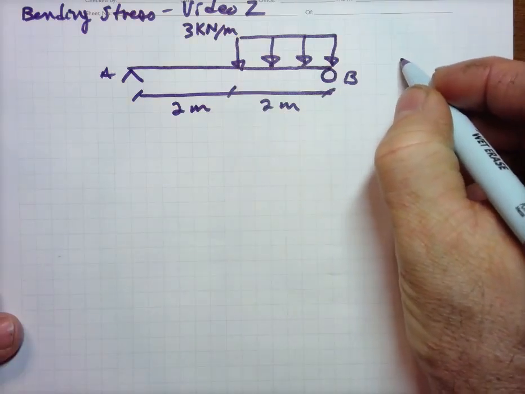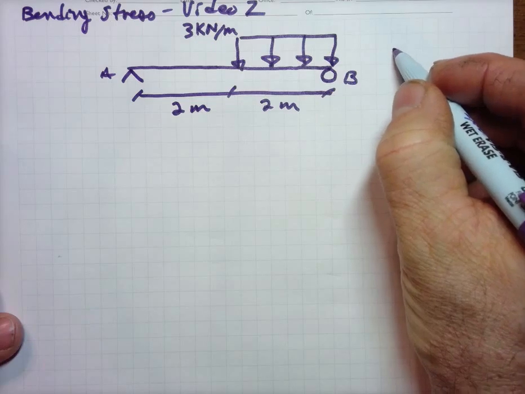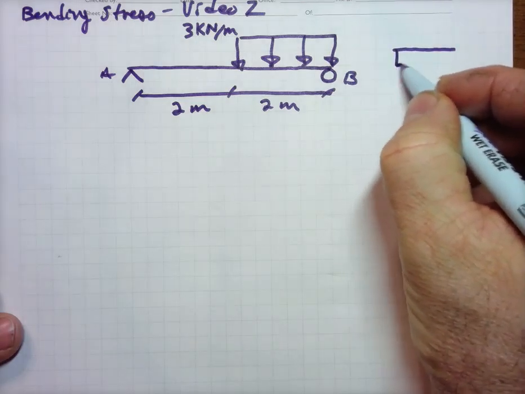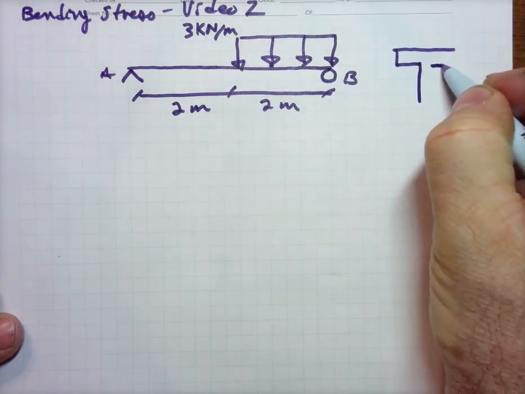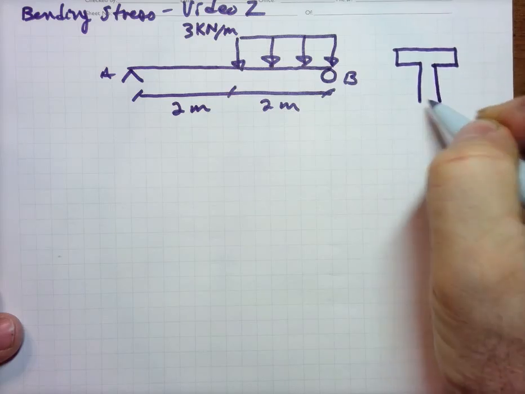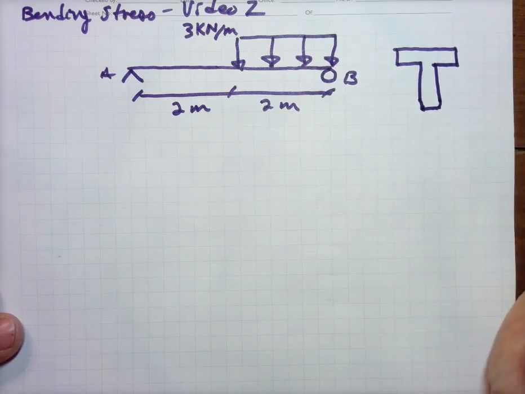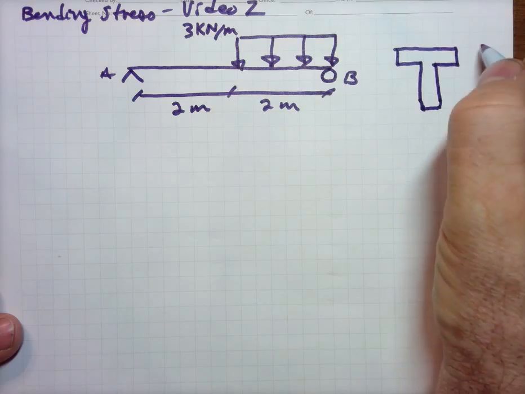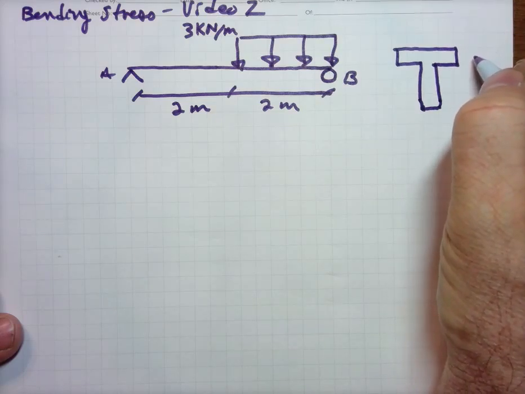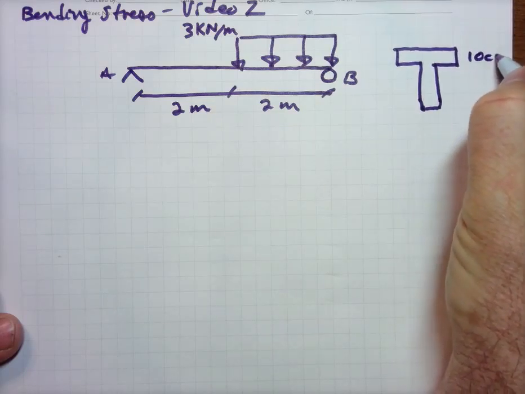I'm going to tell you a little bit more about the beam. The beam is a T-beam, and in the T-beam the widths are all 10 centimeters.